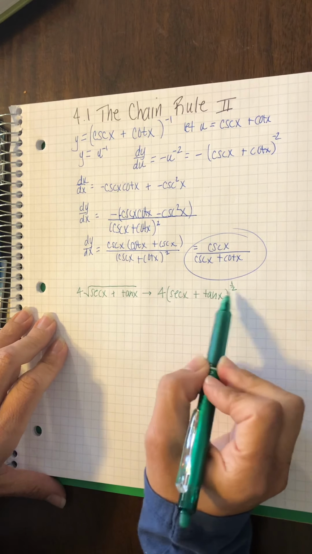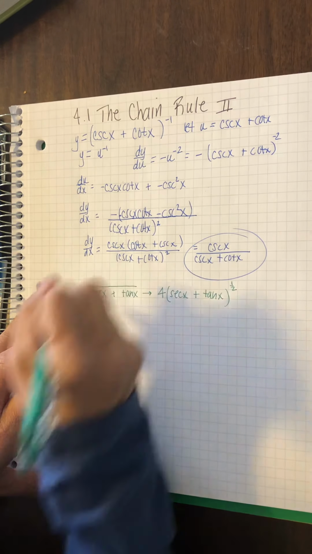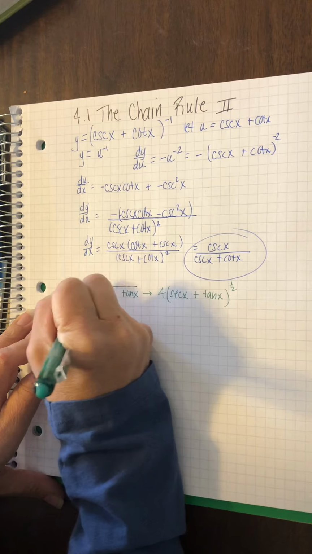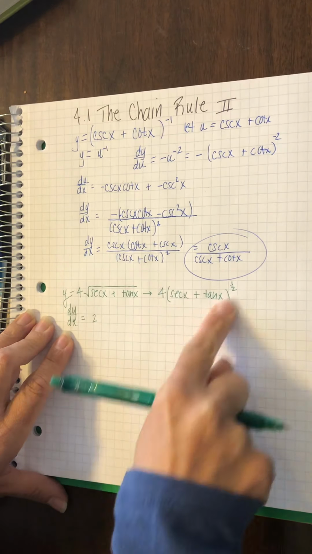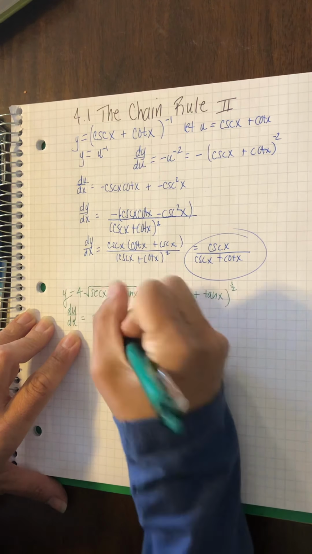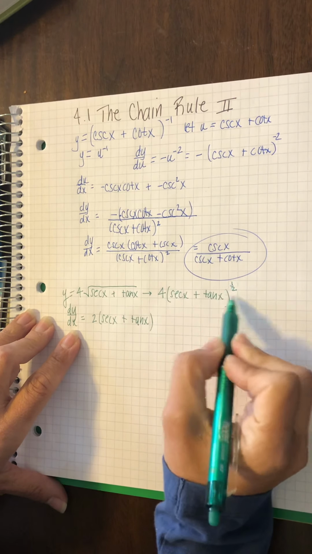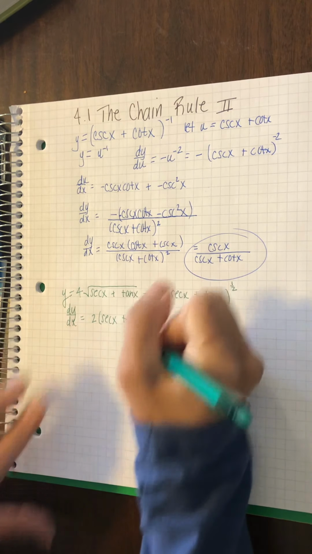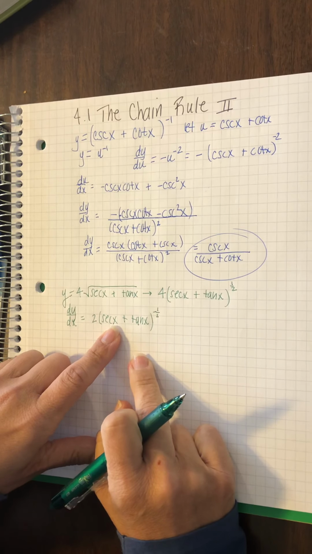All right, power is 1/2. Bring it down in front, times 4 would be 2. So 1/2 times 4 is 2. Times the function, which is secant x plus tangent x, and then decrease the exponent by 1, so it becomes -1/2. Now I have to take the derivative of what's inside, so to speak.